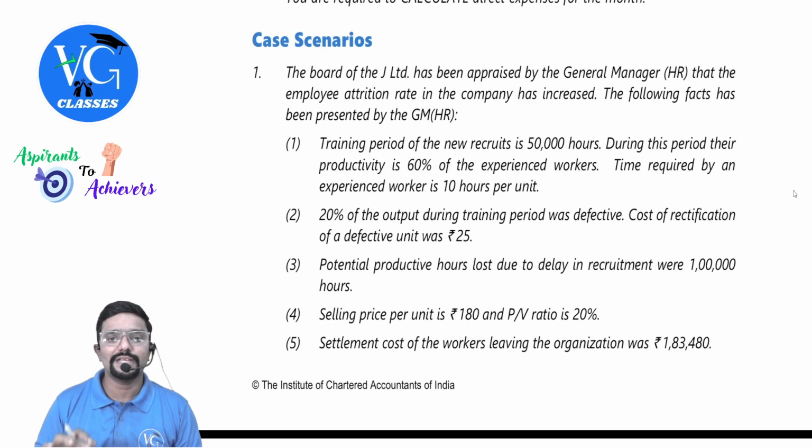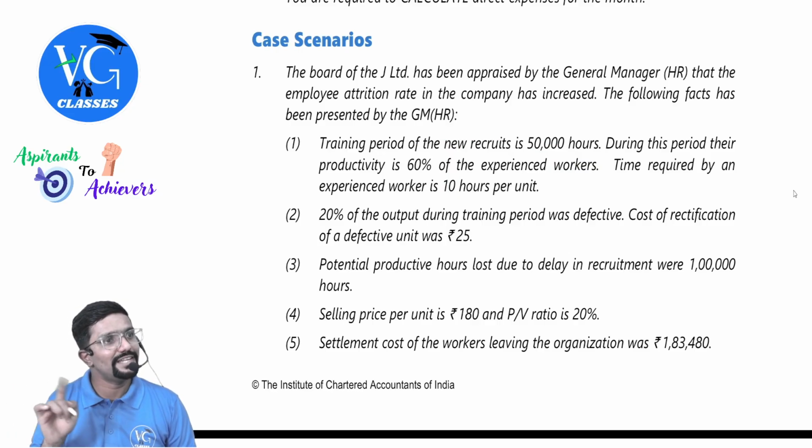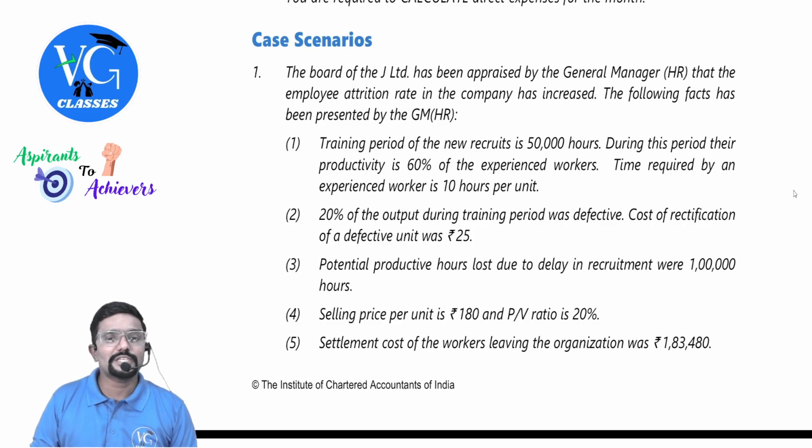20% of the output during the training period was defective. Okay, listen here. 60% is effective, remaining 40% is unproductive. And in that time, whatever they are manufacturing, out of that, 20% is defective. Cost of rectification of a defective unit is 25 rupees.